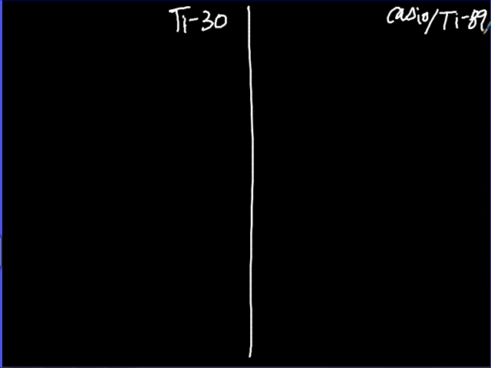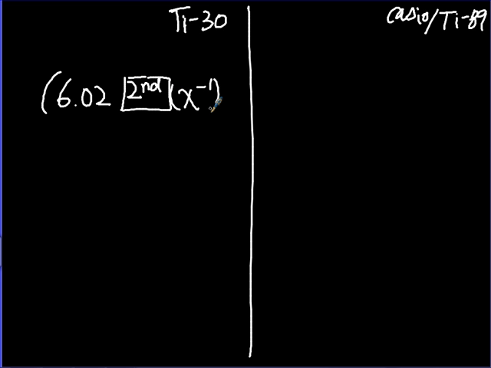So here, let's just figure out how to put in 6.02 times 10 to 23, right? You're going to write parentheses, really clear, parentheses, so I have it in, 6.02, and you're going to click second, and then that x minus 1 button. Because above the x minus 1 button, there's this other button that's in yellow.